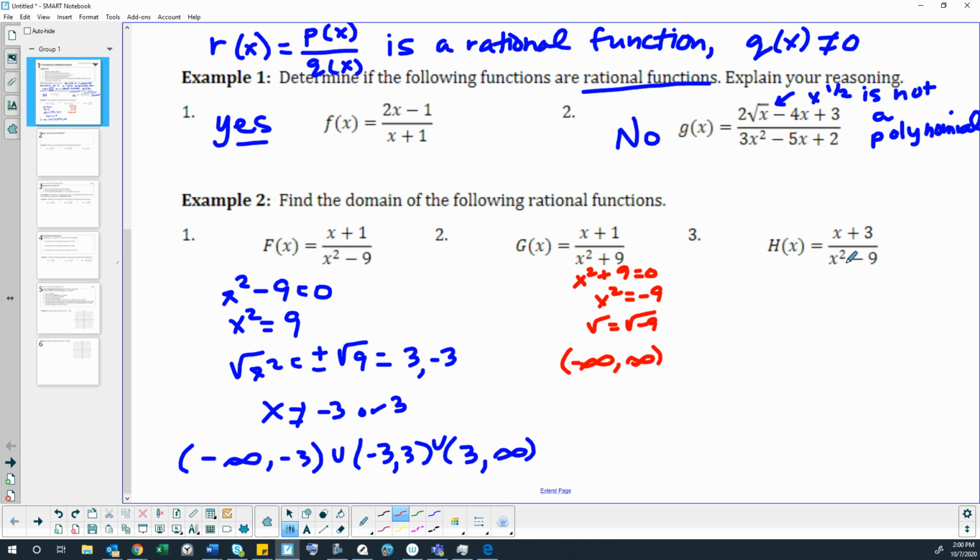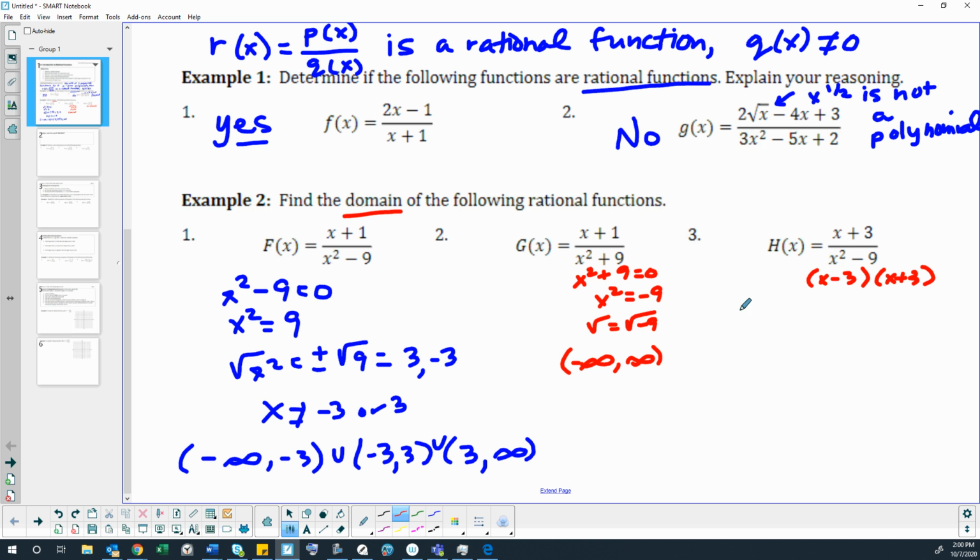Okay, now the next one's very interesting. Instead of solving it the way I just did this one, I'm going to notice something here, and that is that we could have done this by factoring instead. So this one technically would factor like this, and then you might say, oh, we can cancel these out. Well, yeah, we can, but if all we're doing is finding domain, we're not going to do that.